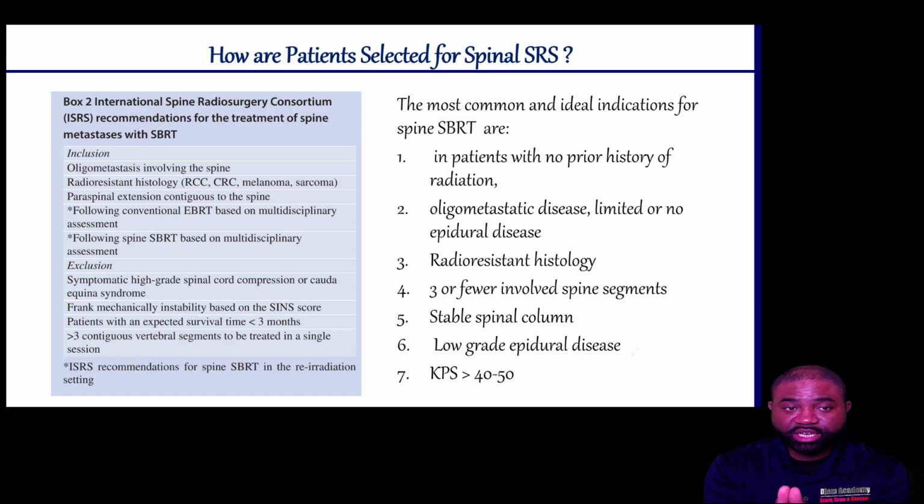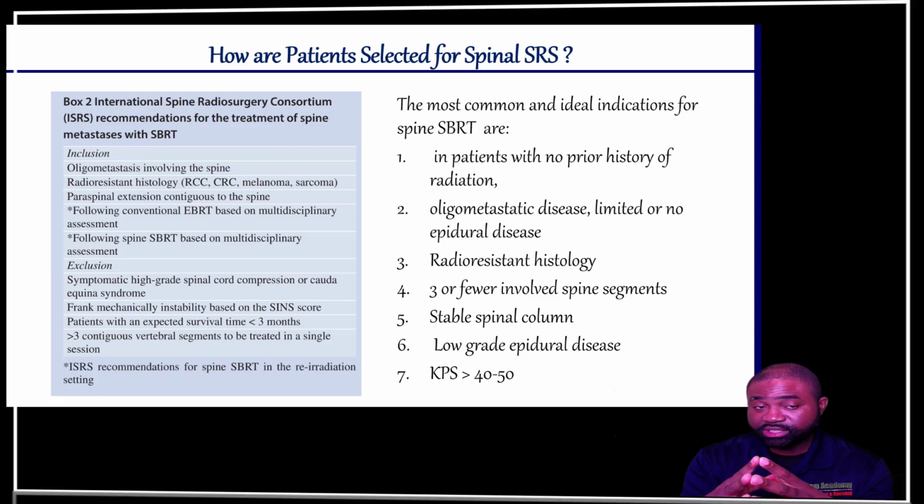The ideal indications for spine SRS therefore include: patients with no prior history of radiation, oligometastatic disease limited to two or fewer sites, with no epidural involvement, radioresistant histologies, 3 or fewer spine segments involved, a mechanically stable spine, as well as a low-grade disease.